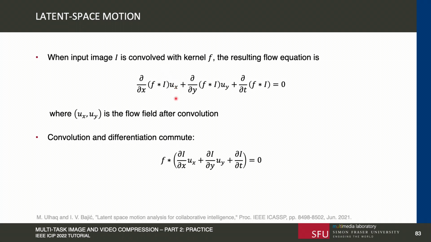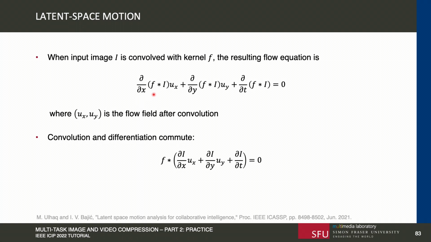To see what the optical flow is, we set this PDE for that output F convolved with I, and this equation will result in a new optical flow field, which we denote U sub x, U sub y. So that's the solution of this equation representing flow in the output of the convolution.